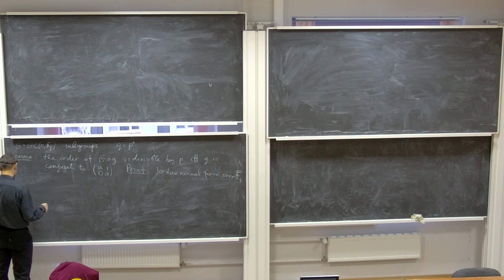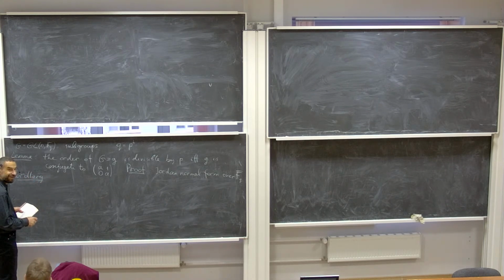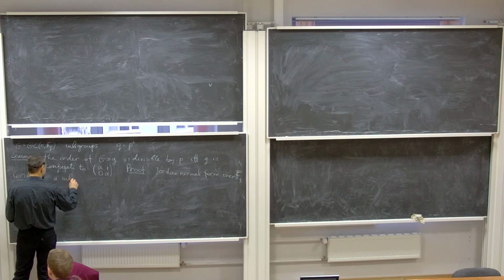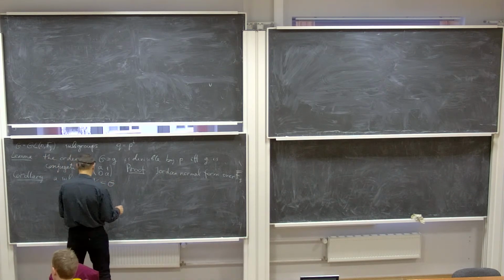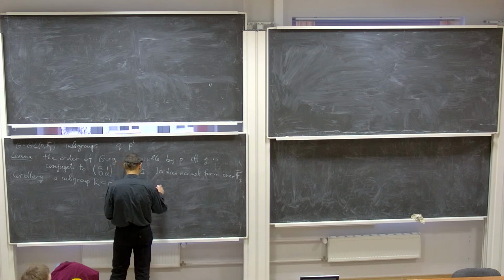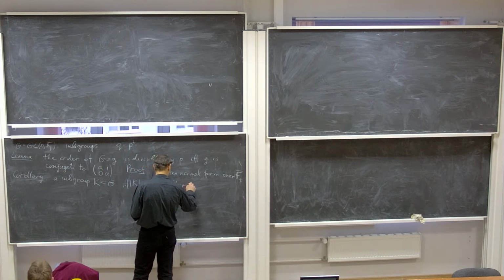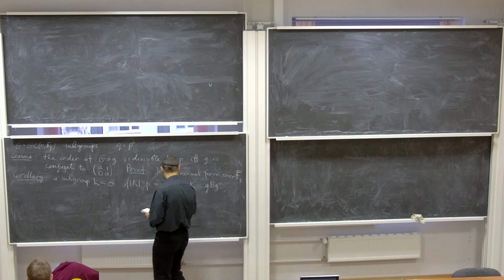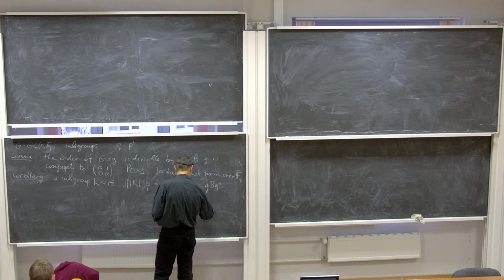Okay, and the corollary is that if we have any subgroup K, not necessarily normal, and if we know that its order is divisible by p, then either K is contained in some Borel subgroup, or maybe it's conjugate, or K contains some conjugate of some SL2 over a subfield.